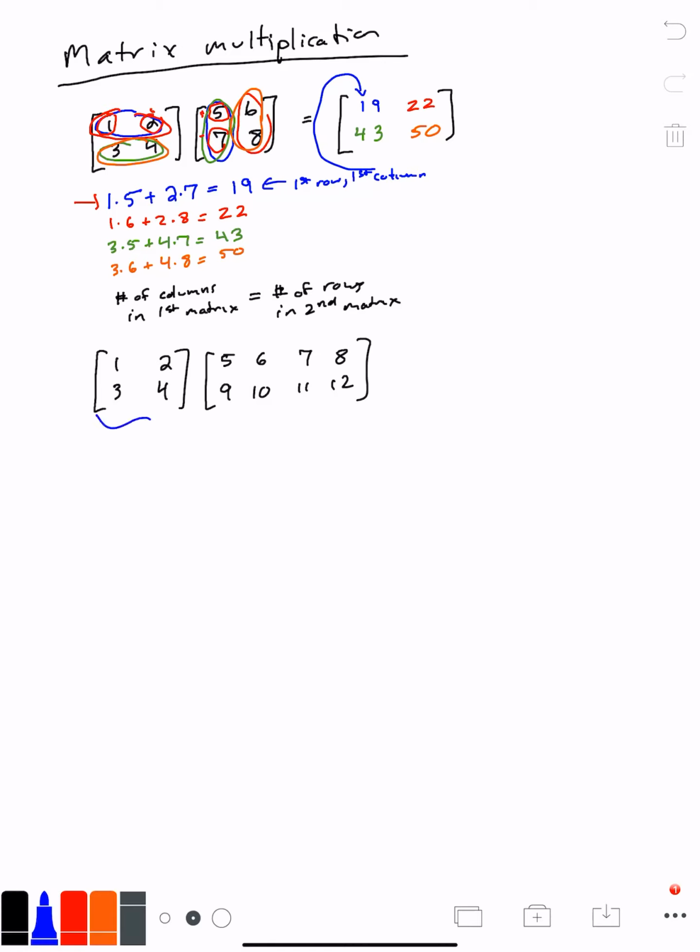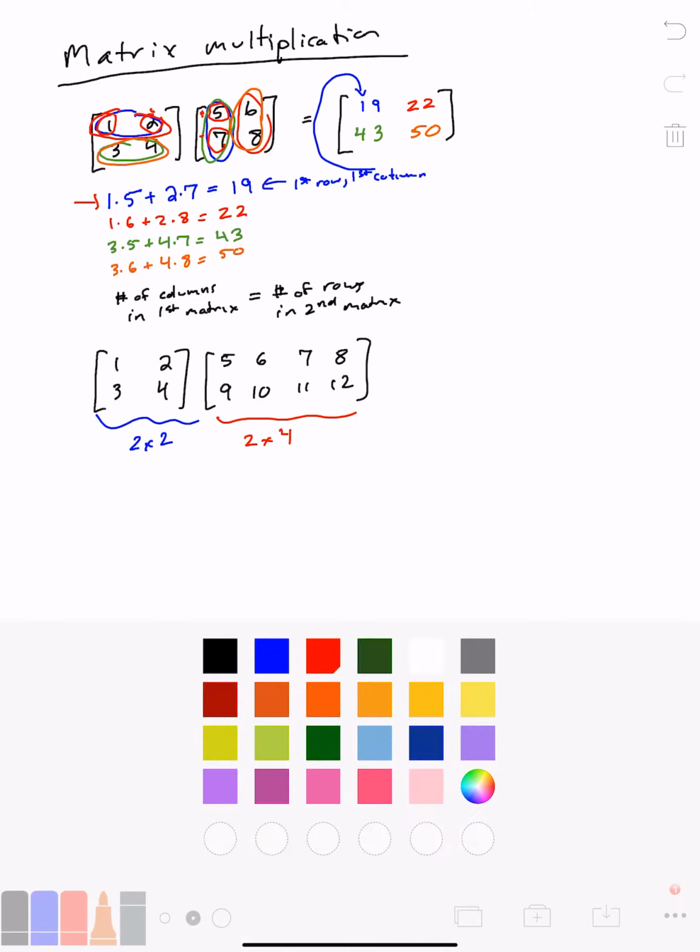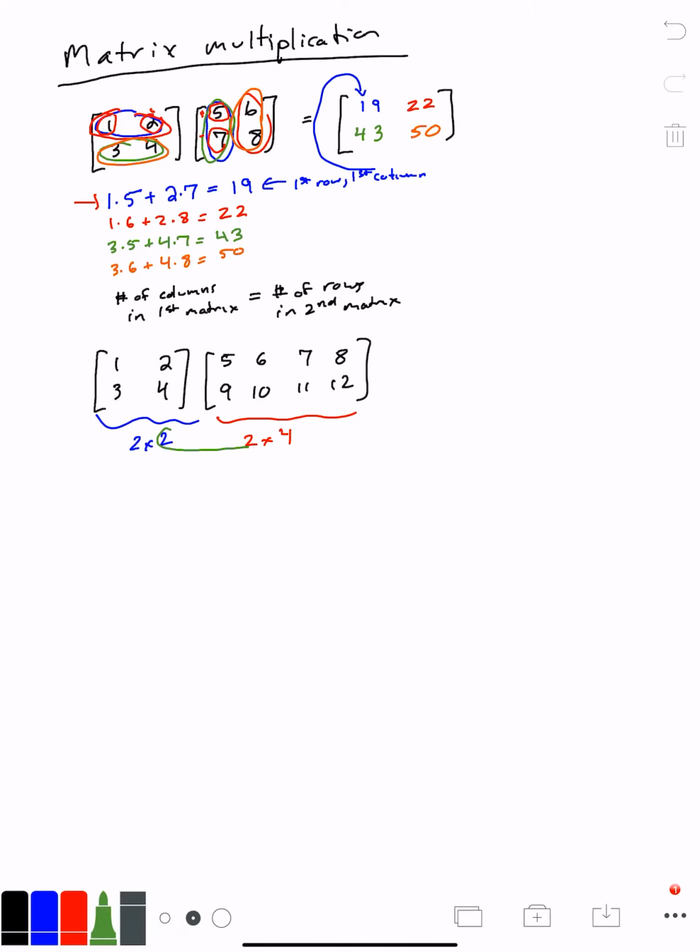This first matrix is a 2 by 2 matrix, and this matrix here is a 2 by 4 matrix. As long as your numbers in the middle here are equal, then that means you're allowed to multiply. And if that's the case, the size of the answer matrix is going to be those two outer numbers here. So that means it's going to be a 2 by 4 matrix.